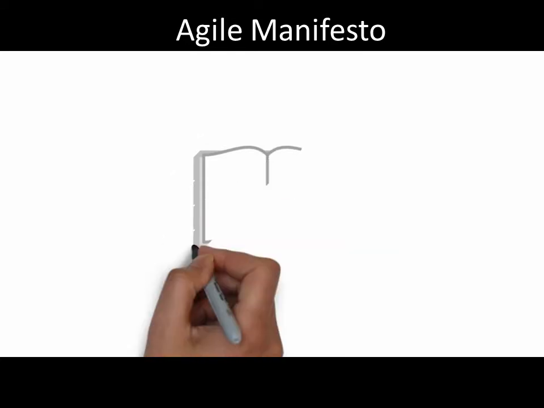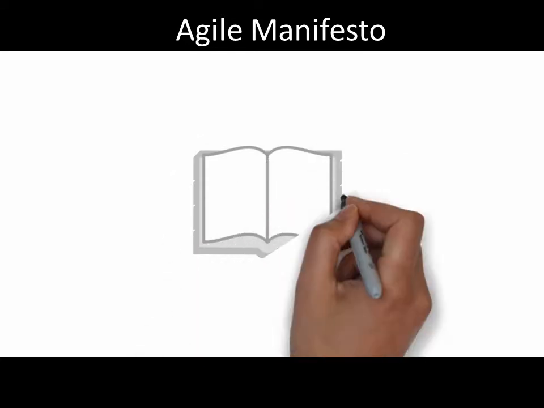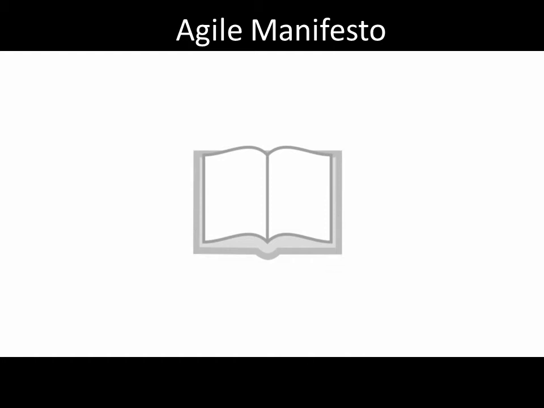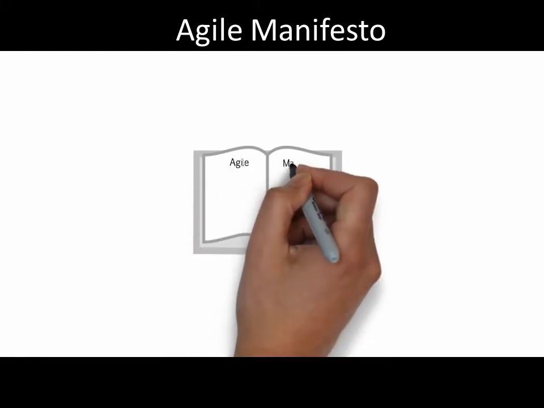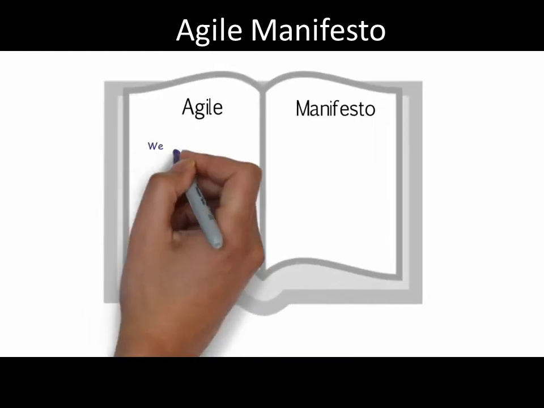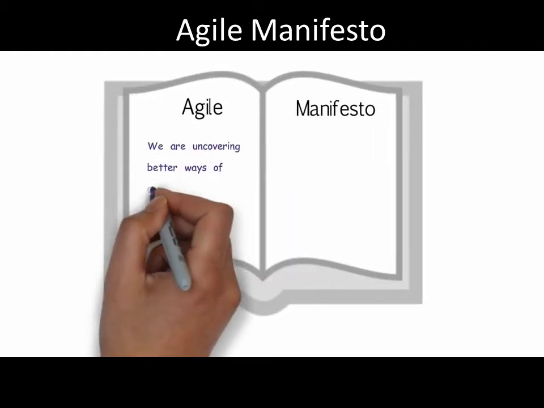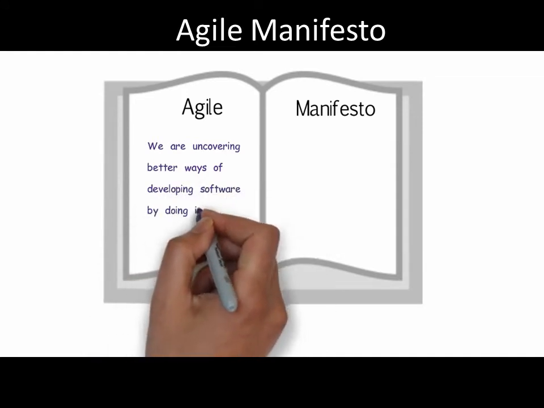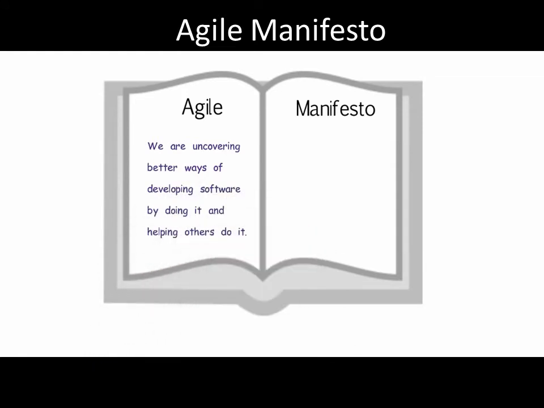The Agile Manifesto was written in February 2001 at a summit of 17 practitioners, with some names you might have heard of: XP creator Beck, Crystal creator Cockburn. The manifesto states, "We are uncovering better ways of developing software by doing it and helping others do it.